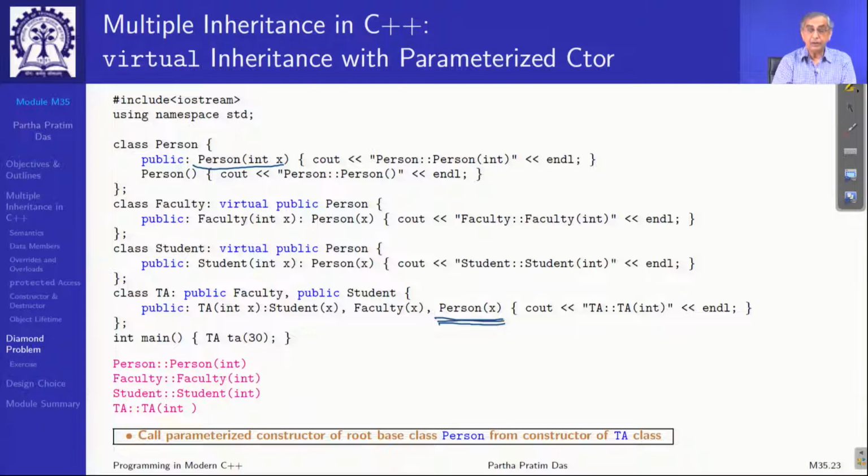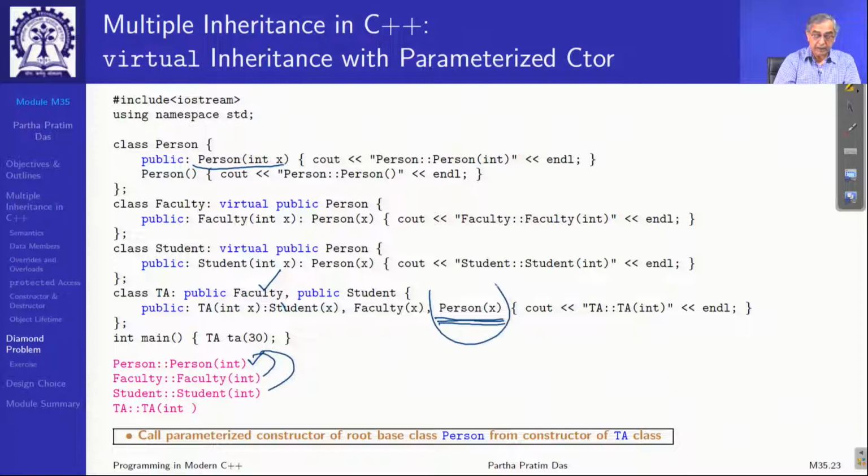That will construct this by the parameterized constructor, and then the student, then the faculty will be constructed, and the faculty will already find that a person object exists. It is a virtual base class specializing from person. So once it finds a person, it will not create another person. The same person will be used here.